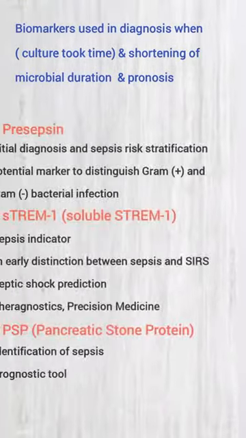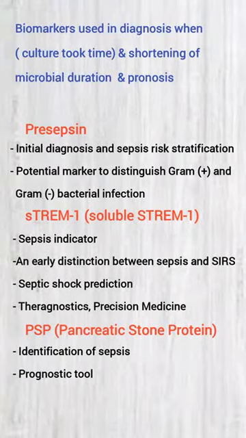Another biomarker is presepsin, which is used to diagnose sepsis and for risk stratification, and it is a potential marker to distinguish gram-positive and gram-negative bacterial infection. Also, one of the biomarkers is soluble STREM-1. This is a sepsis indicator and used for prediction of septic shock. The last biomarker is pancreatic stone protein, which is used for identification of sepsis and as a prognostic tool.